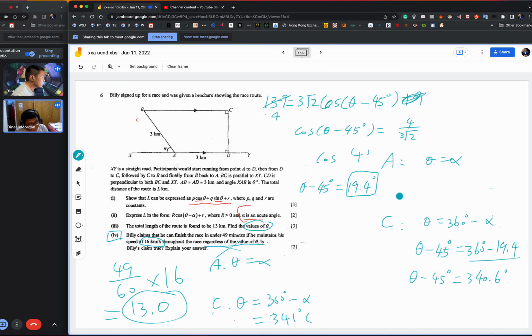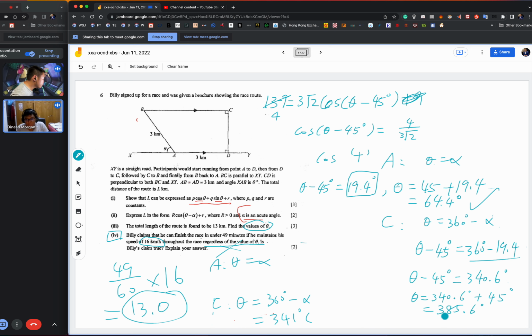So basically one of the answers is going to be theta equals 45 plus 19.4, which is what, 64.4 degree, right? Okay, so this answer, I think you have no problem. Now this is the important one. This is theta equals 340.6 degree plus 45. Can you help me out? What's this? 385.6, right?